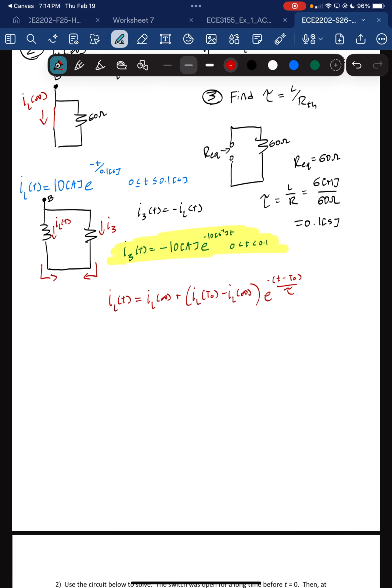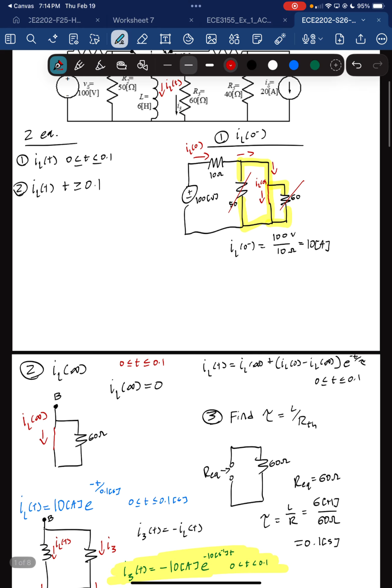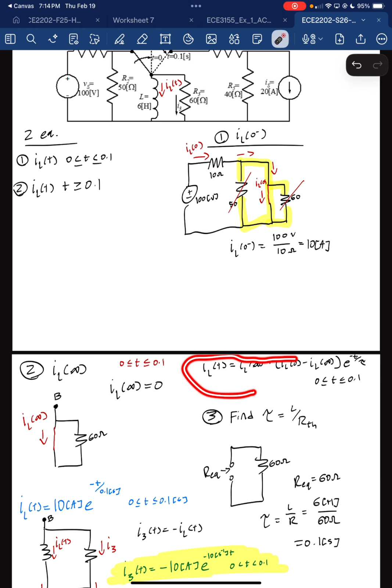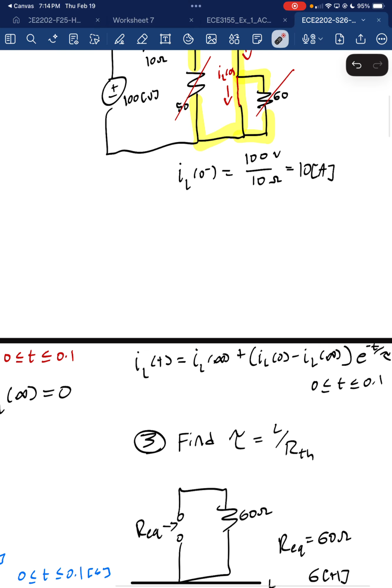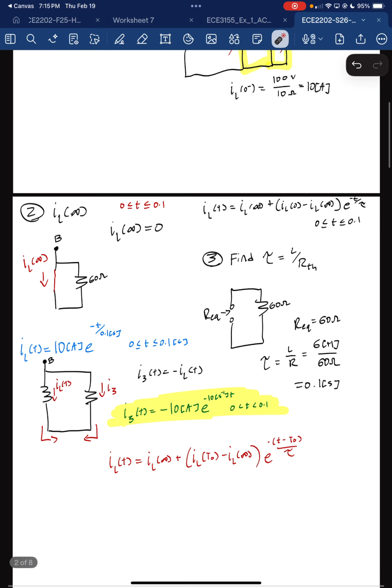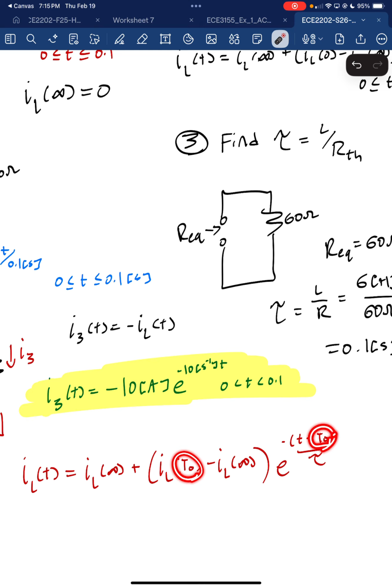Essentially this equation comes up whenever you have a switching event that does not take place at t equals 0. So we were able to use this equation for our first IL of t equation because t naught here is just 0. So we just plugged in 0 for t naught in both positions, and we were able to solve like that.